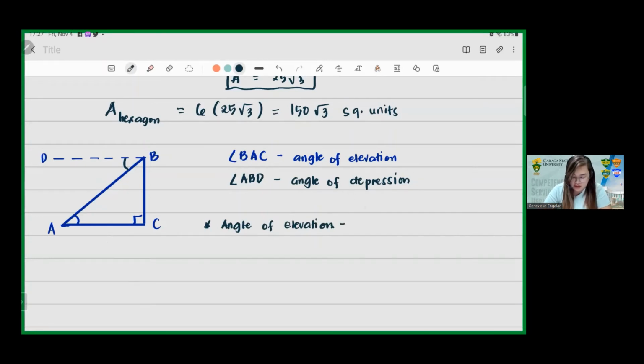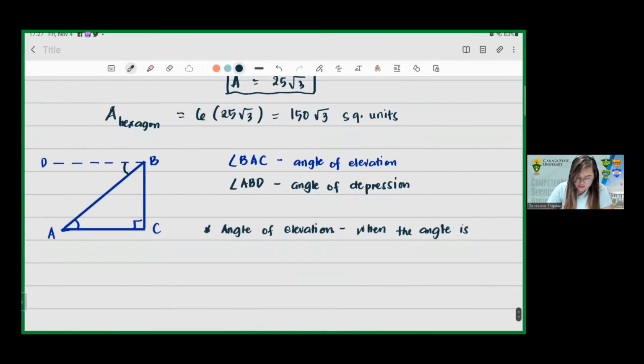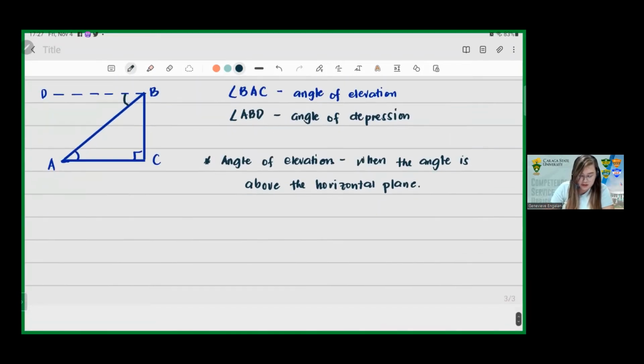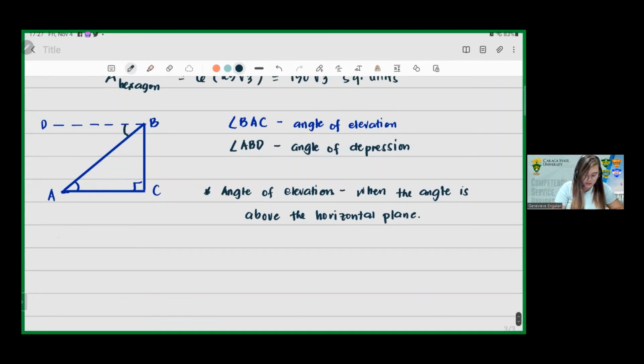So, this is when the angle is above the horizontal plane. Okay, ang angle of depression below po siya sa horizontal plane.